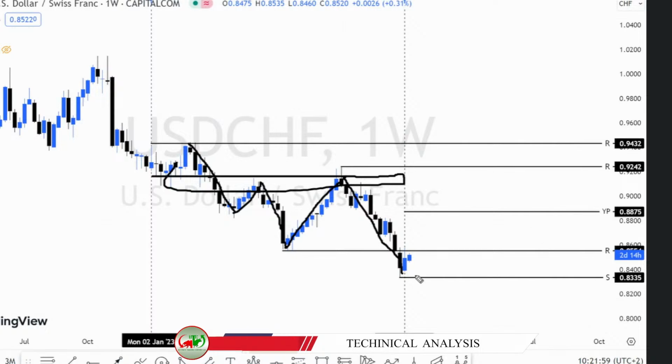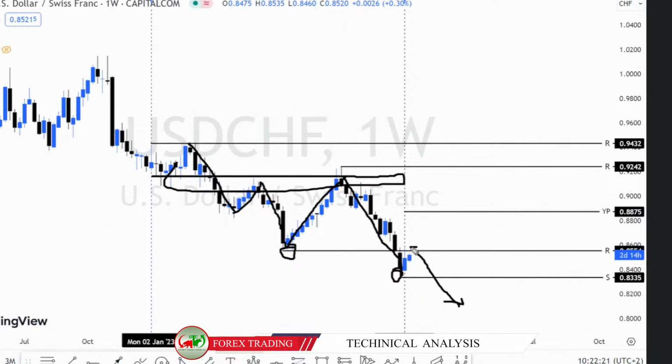Unfortunately, we are still trending. This is the low we had in 2023, and we are still trading below this recent broken support, which could now turn resistance. So if we could get a bearish signal here, we can continue pushing lower for USD/CHF.